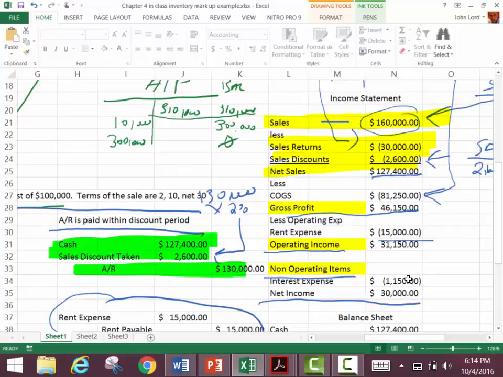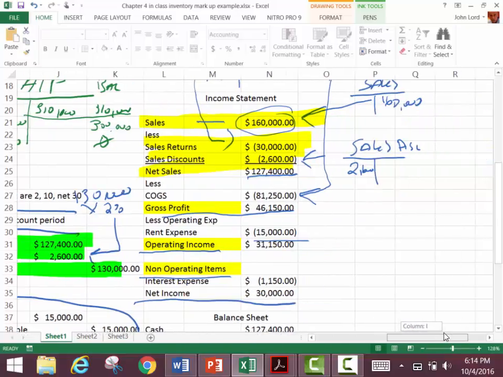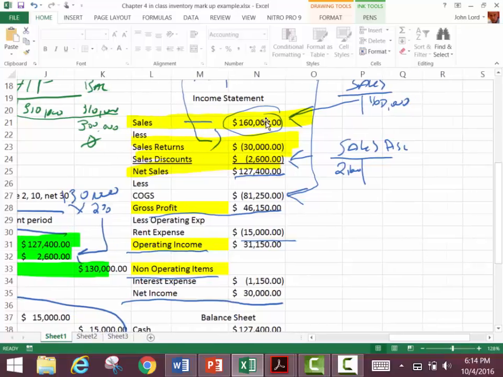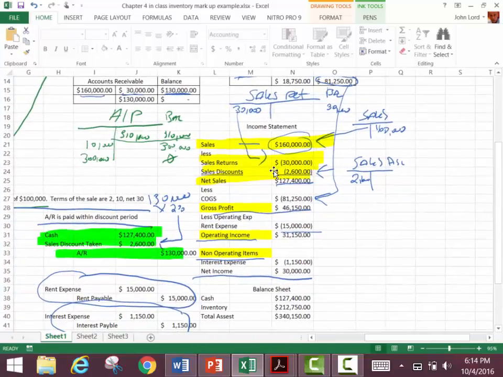Now we prepare our income statement first. We have sales of 160,000. The sales returns, remember, were 30,000. That was what they returned to us. And then we have that sales discount. So our gross sales minus our returns minus our discounts give us net sales of 127,400.